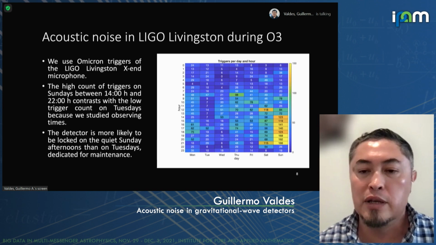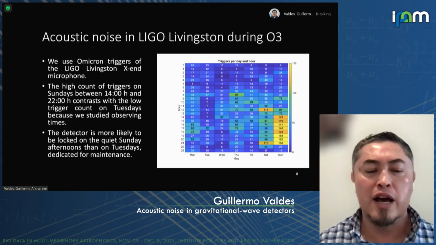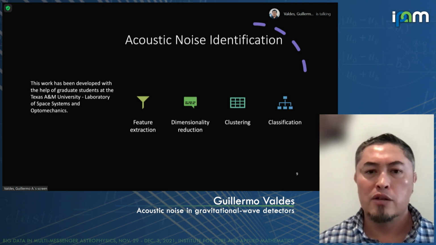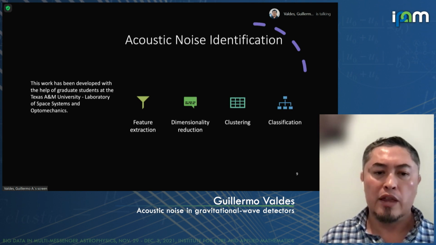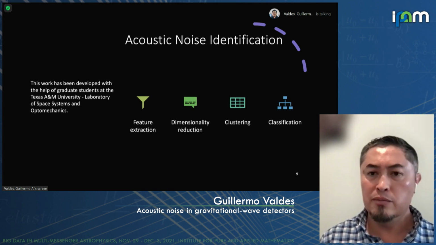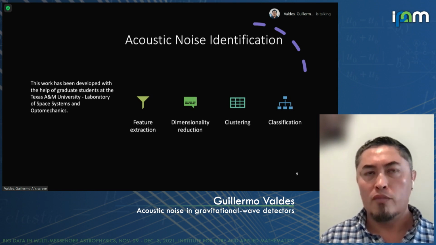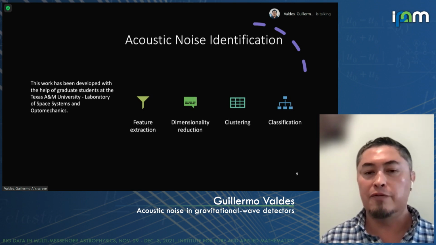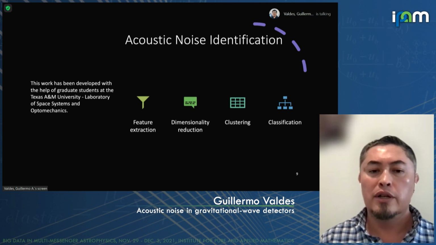We have all these triggers collected. But now we want to investigate what all these triggers are. So this is the second part. We have the first part, which is feature extraction. We want to apply dimensionality reduction because, as I'm going to talk about in a bit, we have several features that will have different values depending on the noise.